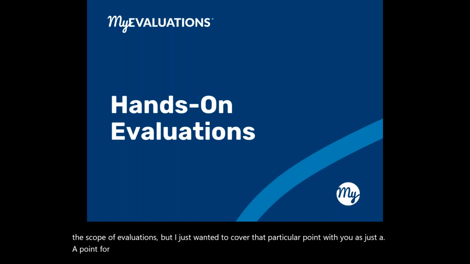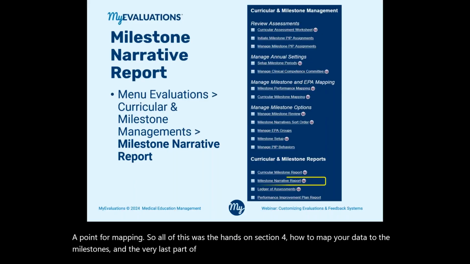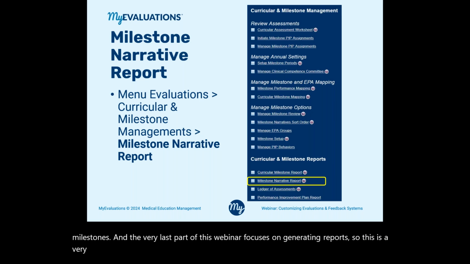So all of this was the hands-on section for how to map your data to the milestones. And the very last part of this webinar focuses on generating reports. This is a very easy, straightforward process where I can generate a milestone narrative report that's accessible from the menu option evaluations.